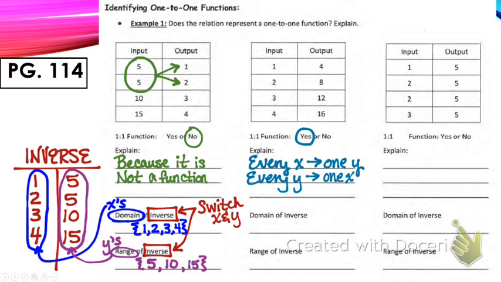I'm going to make the table for the inverse now here too. I'll do it in this blue color. 4, 8, 12, 16, yes.